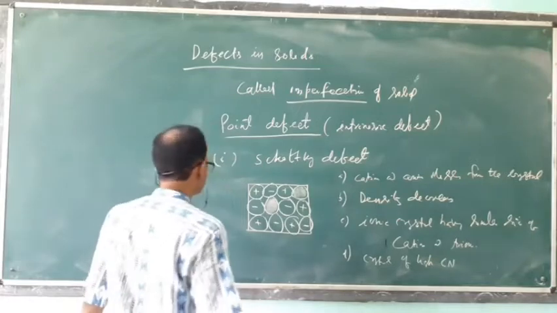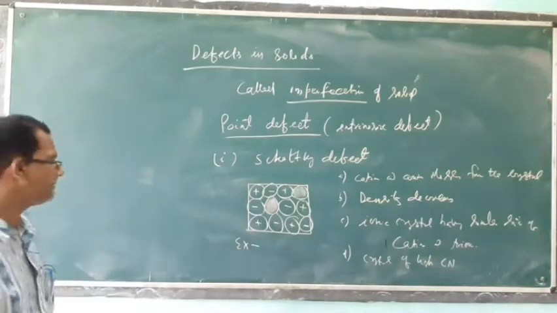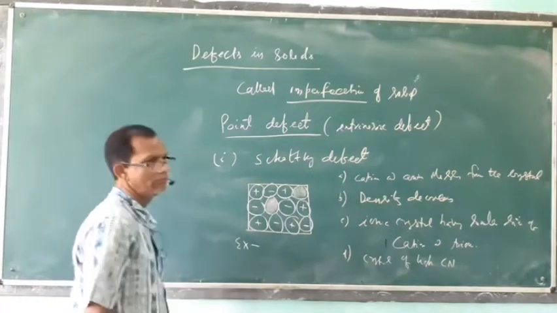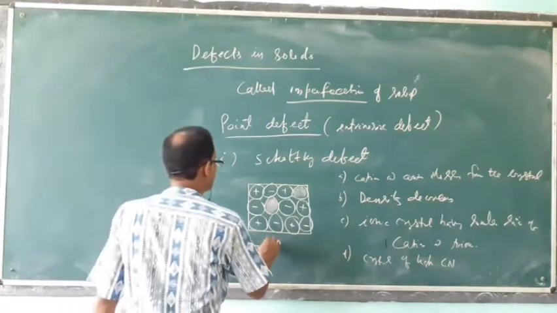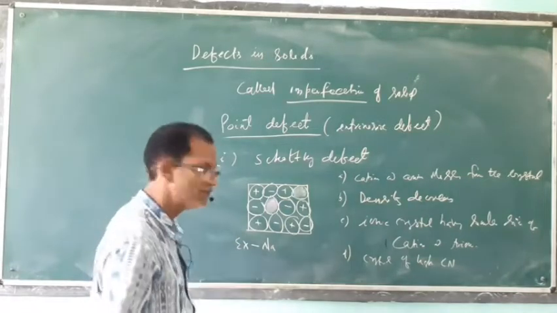And what are the examples? Examples are generally sodium chloride, alkali metal halides. All alkali metal halides show these defects.